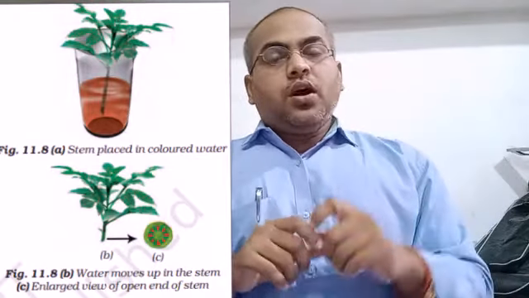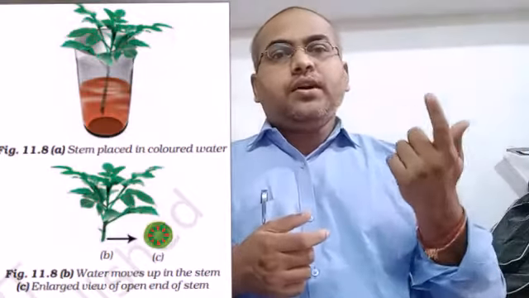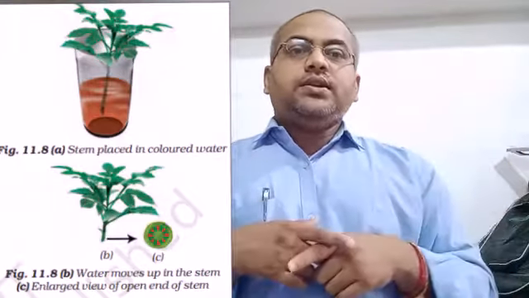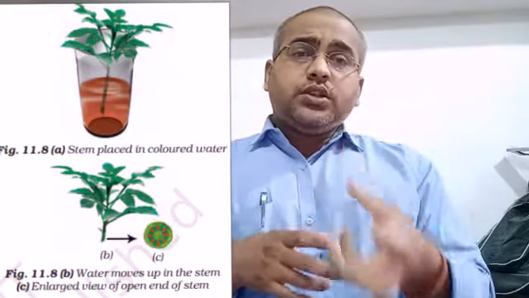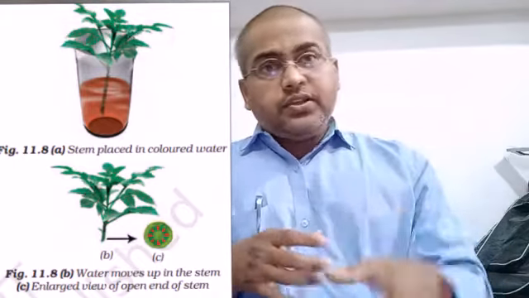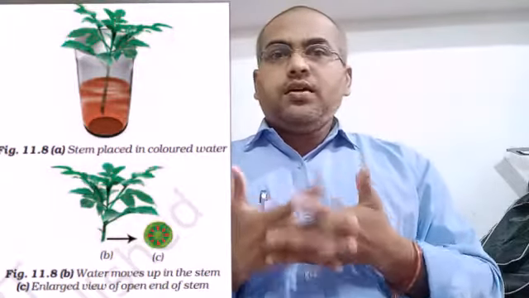Why? Because when the xylem starts transporting the water throughout the stem, it takes the molecules or particles of red color with the water also and transports them to the different parts of the plant.